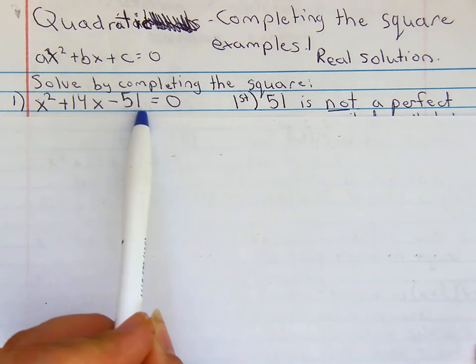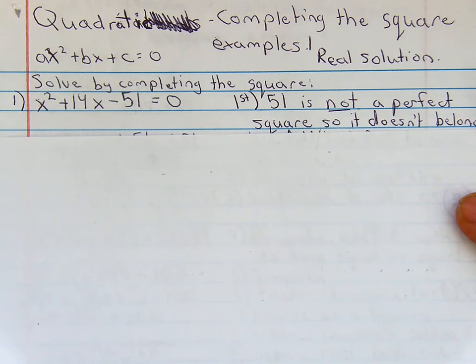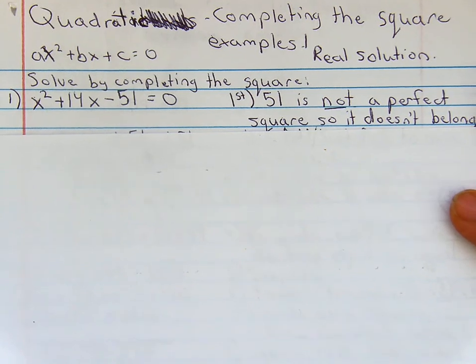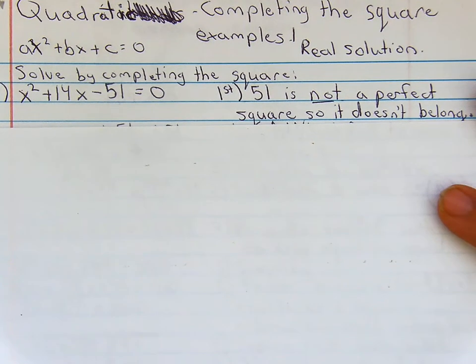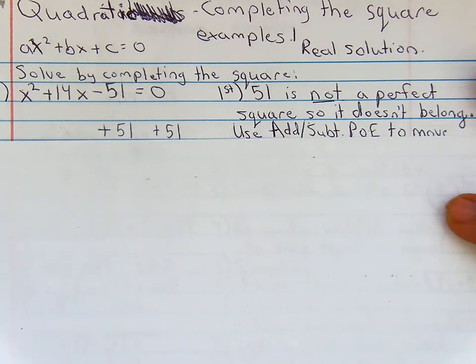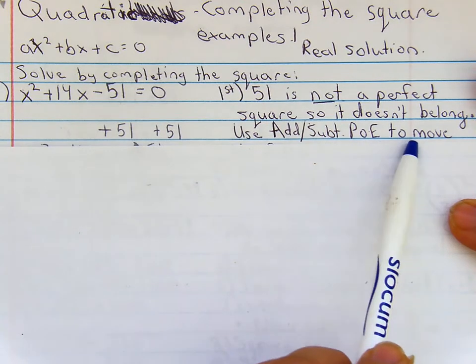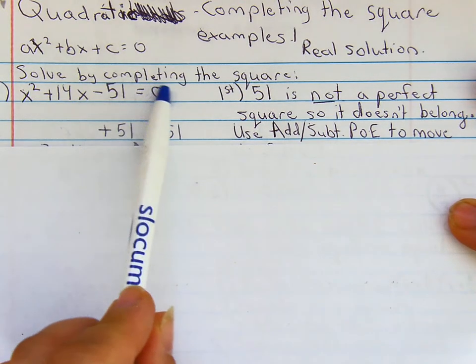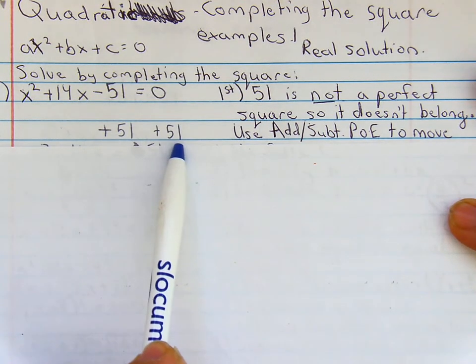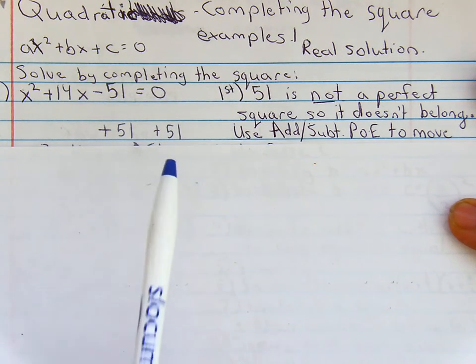But I can't do that with 51 because 51 is not a perfect square. So it doesn't belong there. It's kind of like an imposter. It doesn't belong. That's not my true C. So because of that, you're going to want to use either the addition or subtraction property of equality to move it to the other side of the equation, to make room to put our true C.